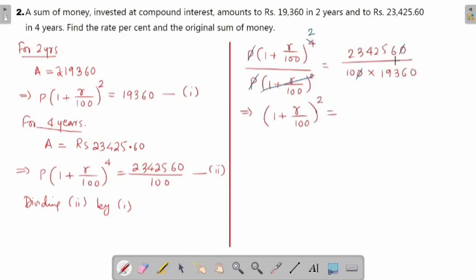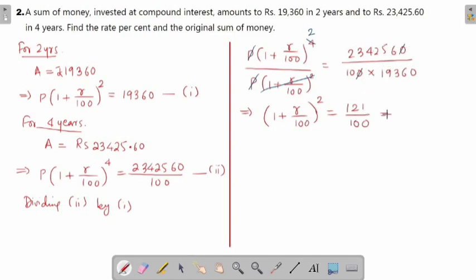Now in the right hand side, when you simplify this, let's check how much we get. 23425 divided by 193,600. When you finish the cancellation, you get 121 by 100. Kindly check that after the cancellation you get this much.